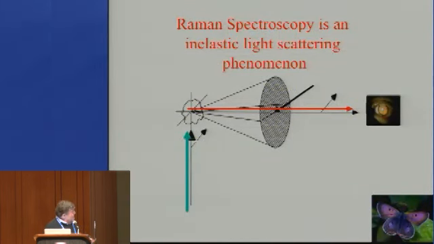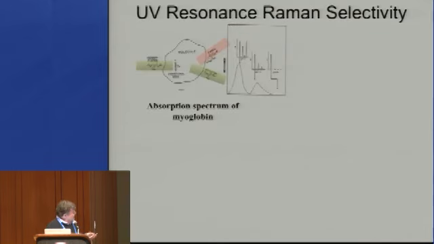So to remind you that Raman is an inelastic light scattering phenomenon, we excite our molecules with a large number of photons. We collect the Raman scattered light and interrogate that light for intensity and frequency and polarization, and that's what gives us molecular information.